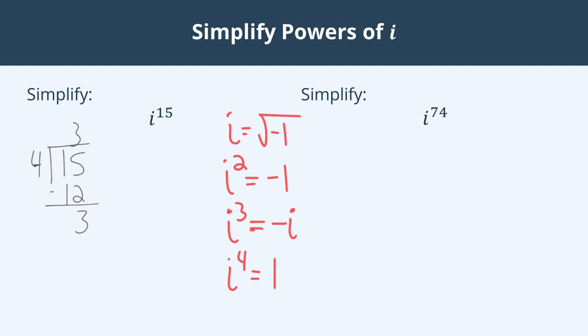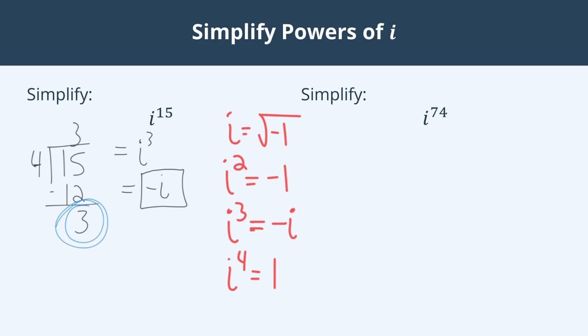That leaves me with a remainder of 3. Now that remainder of 3 is my new exponent. So i to the 15th is equal to i to the 3. And according to my list over here, i to the 3, or i cubed, is equal to -i.